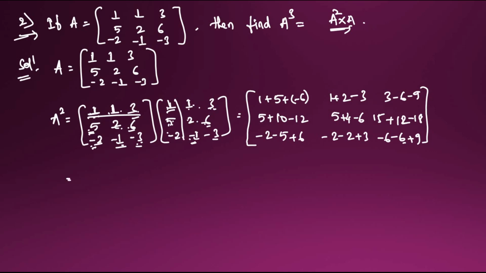So this will come as total, minus 1 plus 1 is equal to how much? 0 will come here. This plus 3 minus 3 also 0 will come here, and what is this?